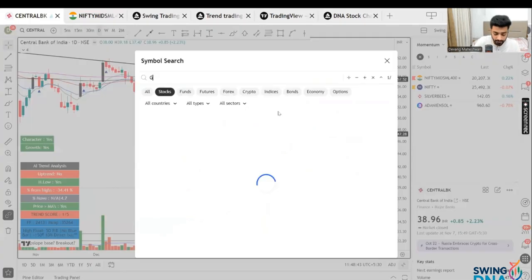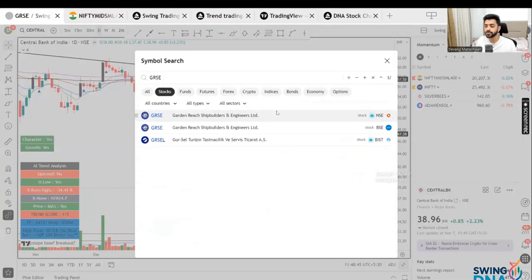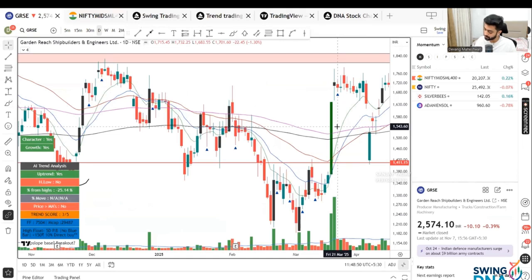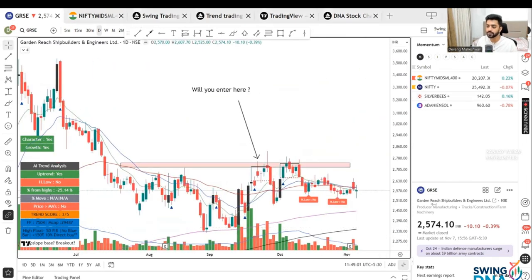Let's see now. Defense sectoral move. GRAC we were looking at 15th of April. Recently no sectoral move came.